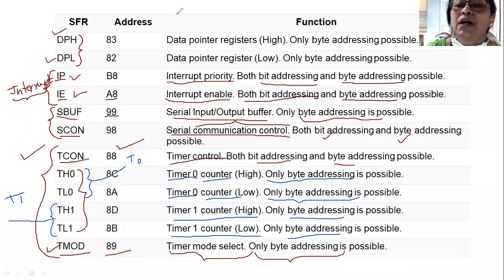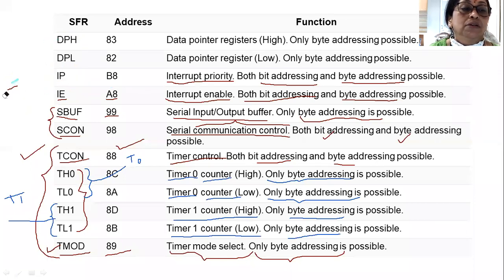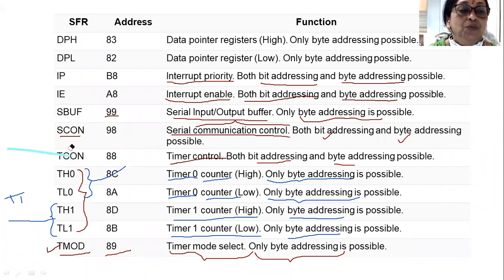Shall I move forward? Answer. Yes, ma'am. Yes. Okay. So first I will erase everything and then we will move forward.